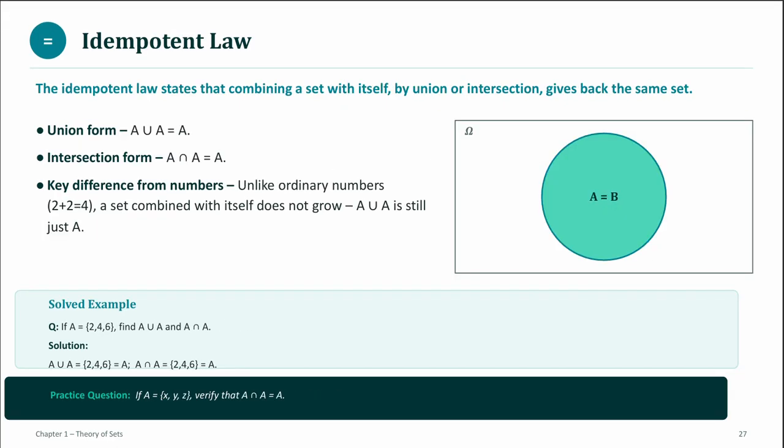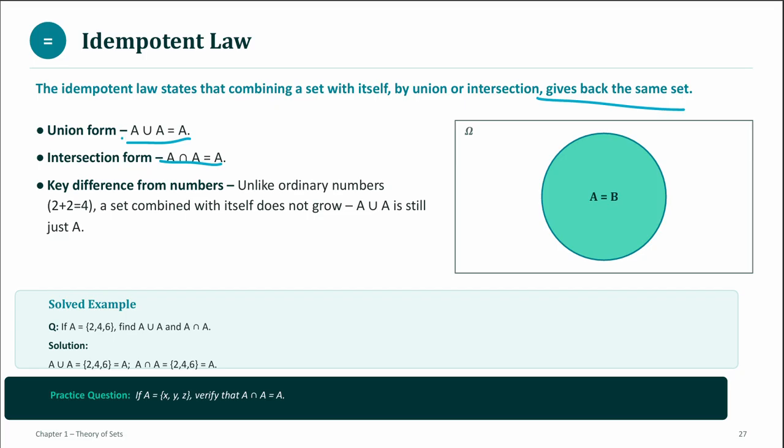Fine. Now, the idempotent law basically states that combining a set with itself by union or intersection gives back the same set. So if I'm combining the same set, A union A, I'm going to get A only. If I am doing A intersection A, I would get A only. The key difference from numbers: unlike ordinary numbers, where 2 plus 2 is equal to 4 and it grows to a higher number, a set combined with itself does not grow.